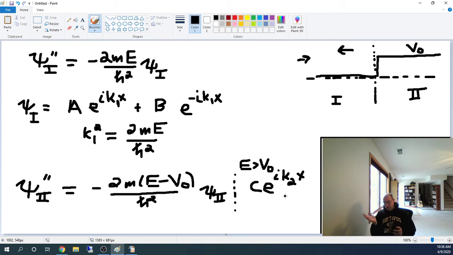And that works for either e to the minus or e to the plus alpha x. Either one works. So that would mean that if E is less than V0, there would be the possibility of two exponentials in this region: C times e to the negative alpha x plus D times e to the positive alpha x.